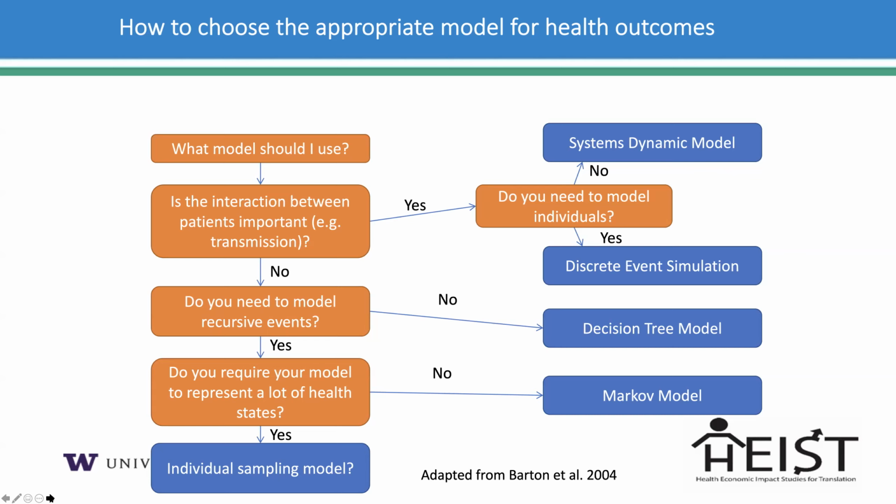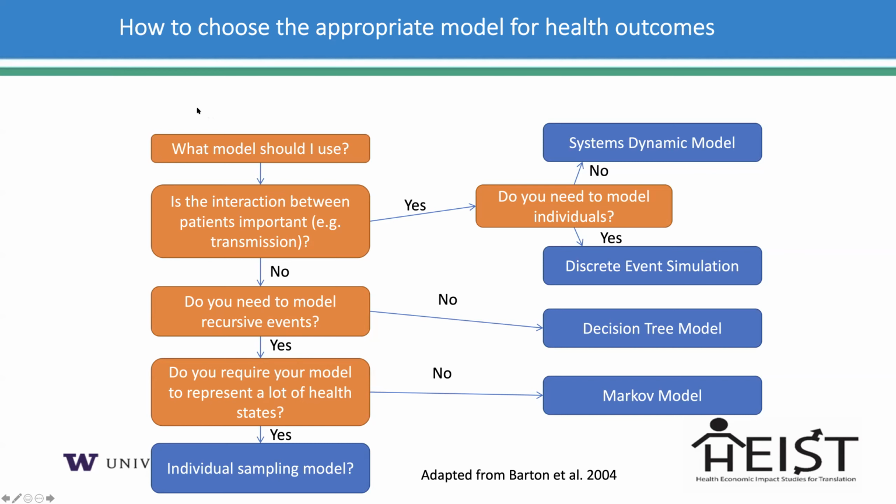So once you have your scientific question, you need to think about, is transmission important? Even if you are working on an infectious disease, transmission might not be important. You might be really looking at, once people are diagnosed with HIV, what is the best way to avert opportunistic infections or the medical complications of advanced HIV.